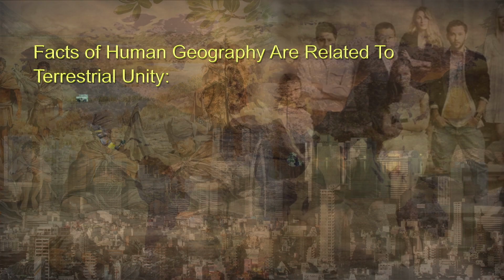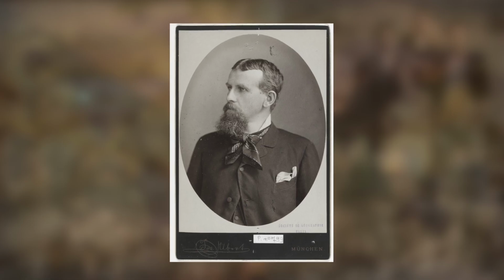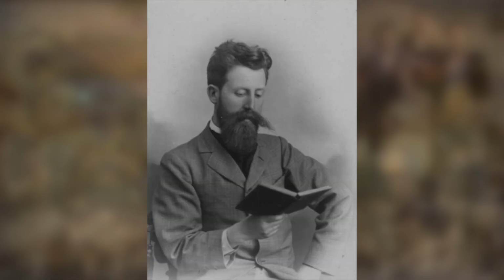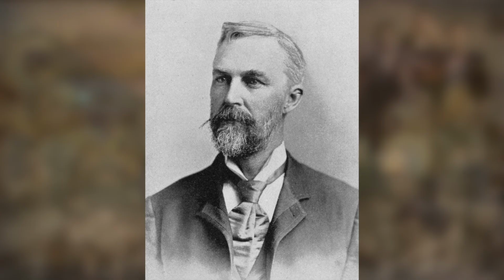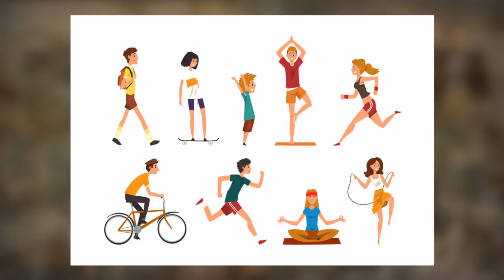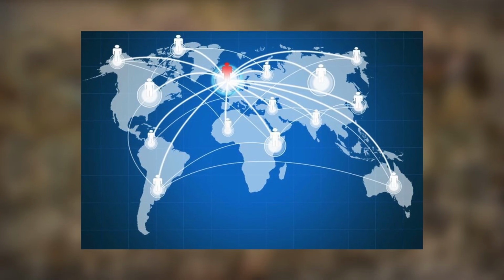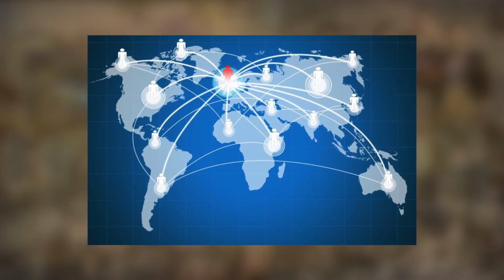Facts of human geography are related to terrestrial unity. The eminent human geographers such as Ratzel, Vidal de la Blache, Brunhes, Demangeon and Huntington considered the principle of terrestrial unity, that is, all terrestrial phenomena, physical and cultural, are interconnected, and the unique characteristics of land and humans on the surface of the earth are the fundamental unifying concept of human geography.